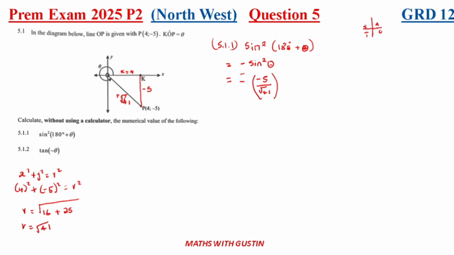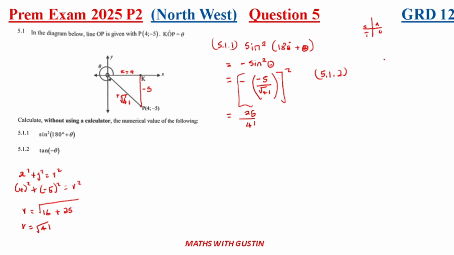So it means you square everything like that. Great stuff. All squared, therefore it is going to give us an answer of 25 over 41. That's how you would deal with a question like this one.